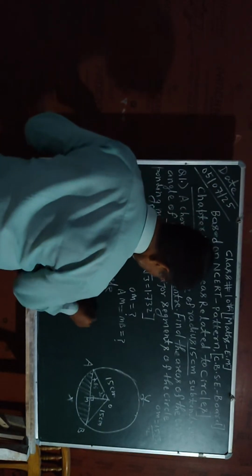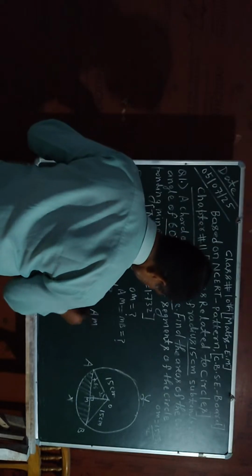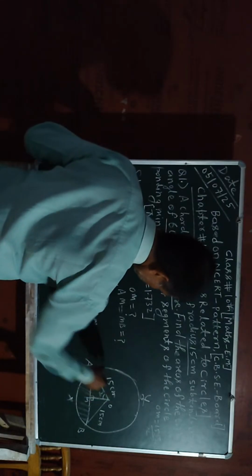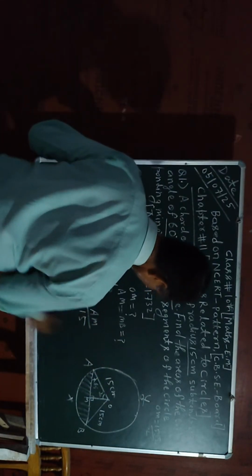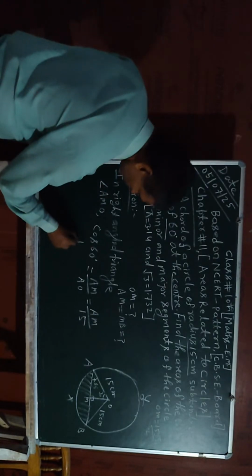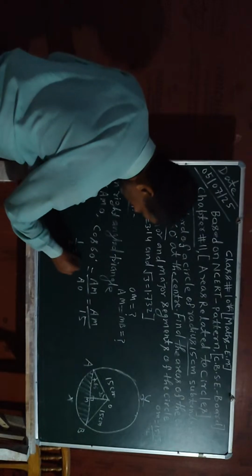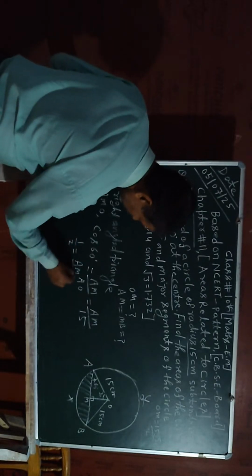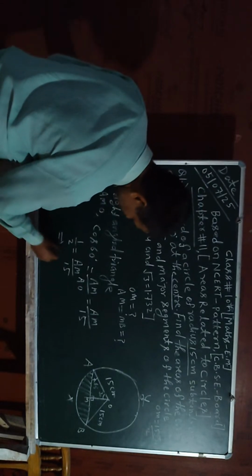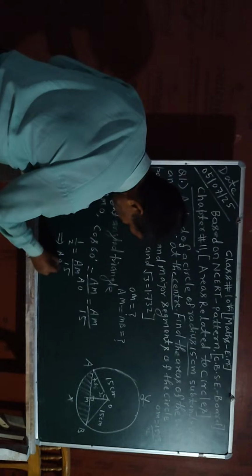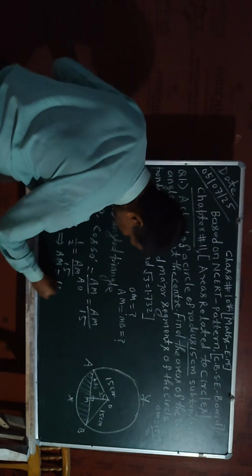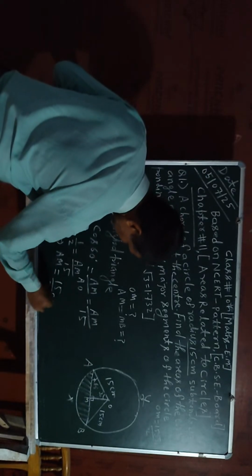Now I have to get the value of AM. AO is 15 centimeter. Now cos 60 degree is equal to 1 by 2, so 1 by 2 equals AM divided by 15 centimeter. Again I will do cross multiplication, so AM is equal to 15 divided by 2 centimeter.